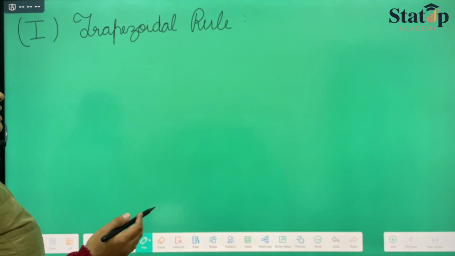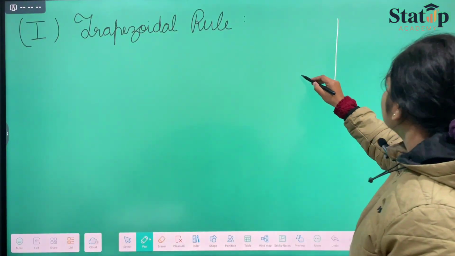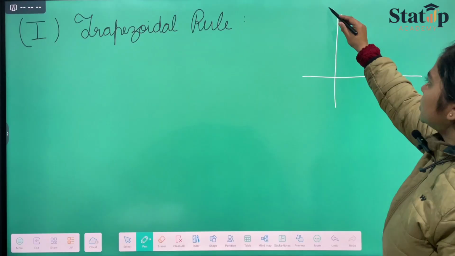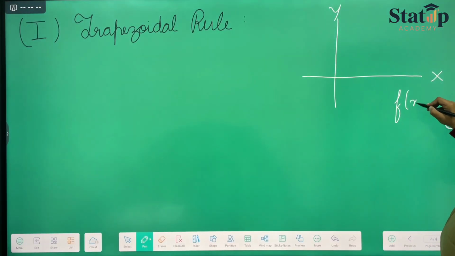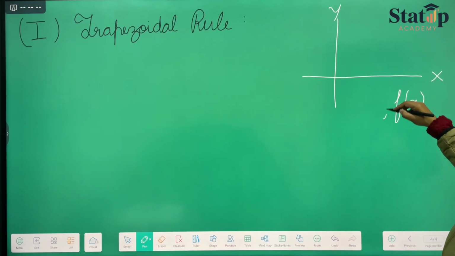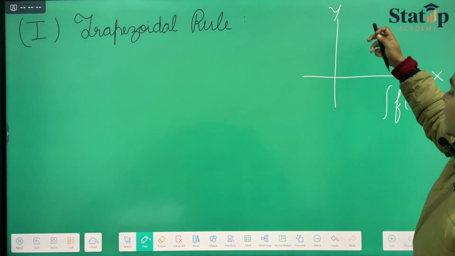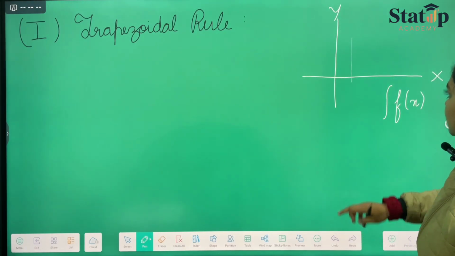But suppose I have a graph, this is the x-axis and this is the y-axis, and we have a function f(x). If we integrate f(x), then the integration will be in the form of slices or bars.